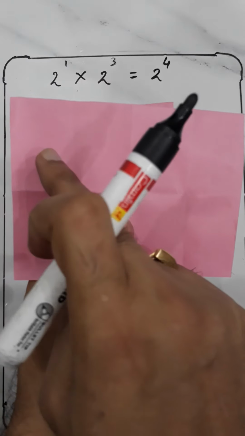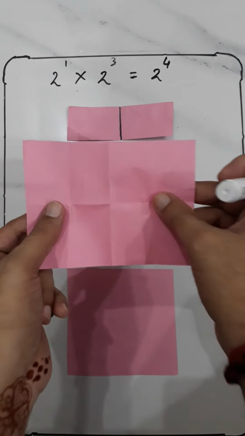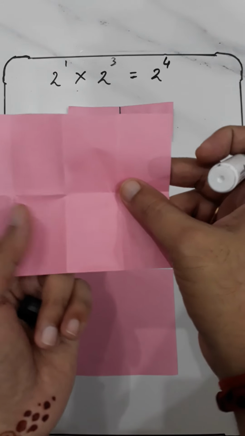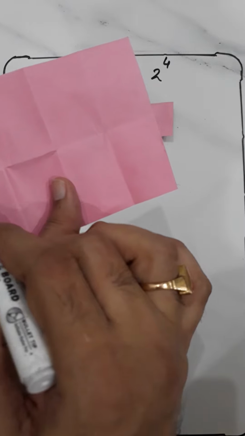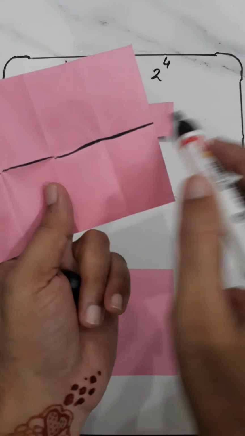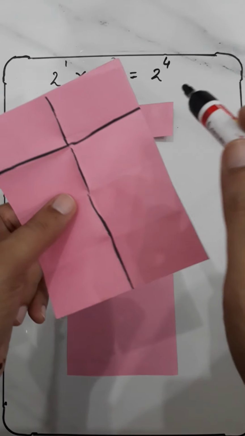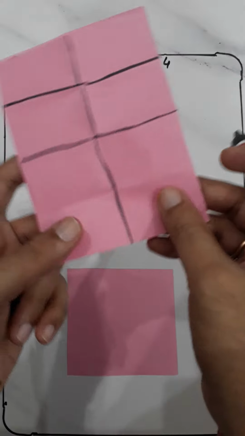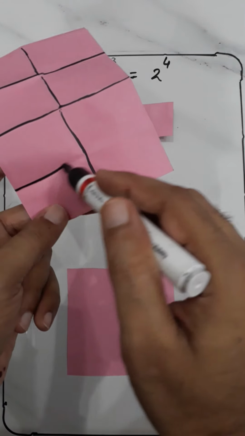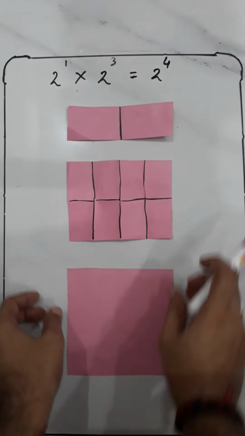Now see, 1 2 3 4 5 6 7 8. So you have divided this rectangle into 8 parts. You will draw lines on the creases, using a sketch pen and scale. Now see, this is 2 cube.